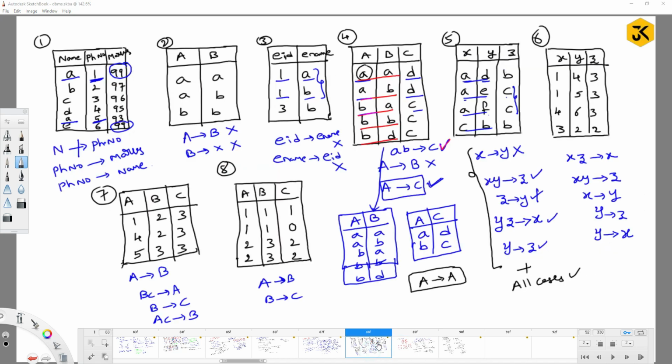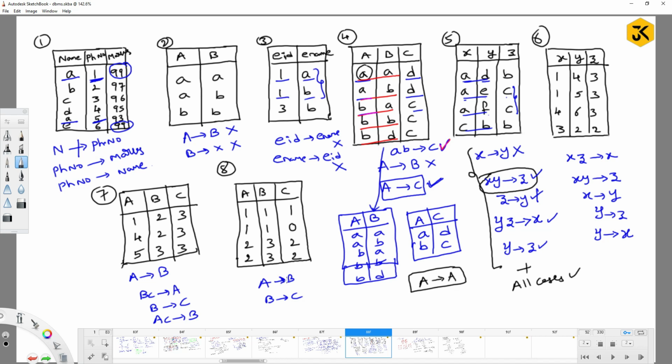So for example, let us take a case. If I am saying that XY determines Z, can I directly write X determines Z and Y determines Z? No. Is there any inference rule I have given for that? No, it is not at all correct, right? It is not possible. Or is there anything that is possible? Take this one with an example, right?